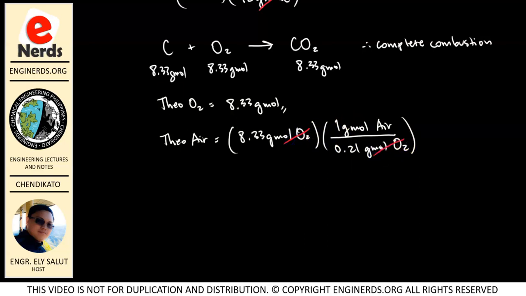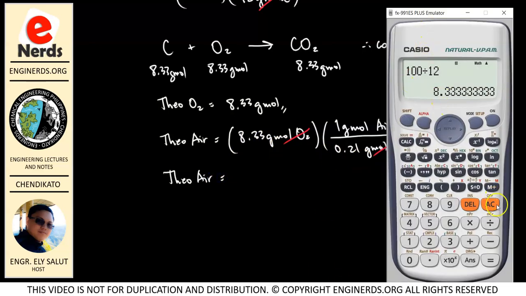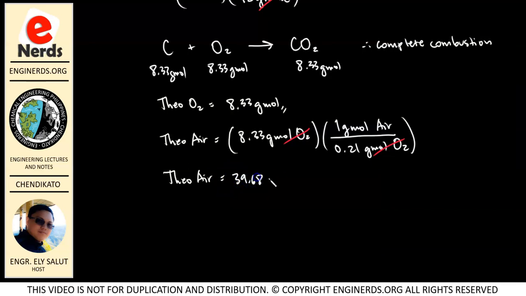So we will be able to get yung theoretical air natin. So theoretical air is equal to 8.33 divided by 0.21. So we have 39.68 gram mole ng air. So ito yung sinupply nating air.